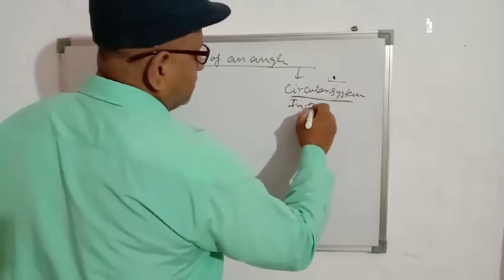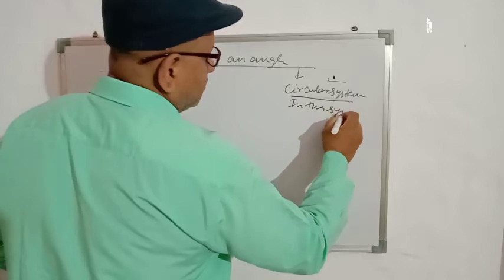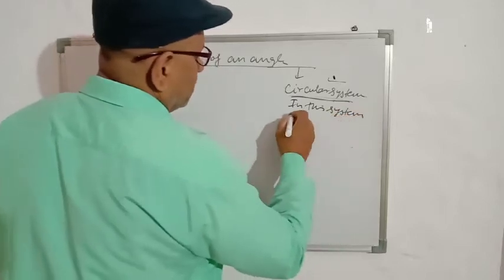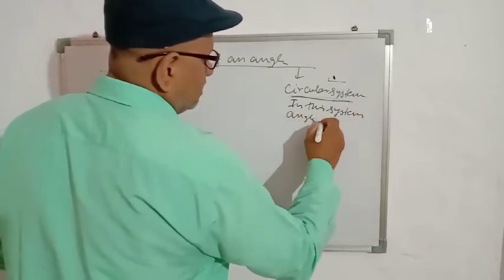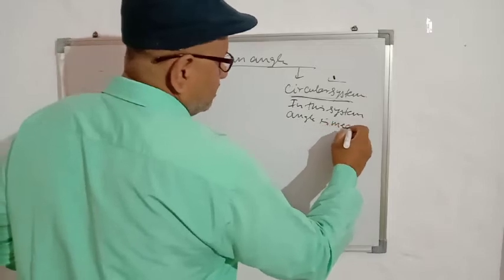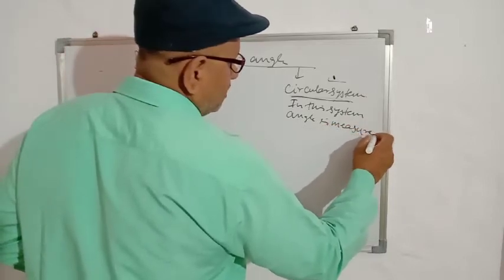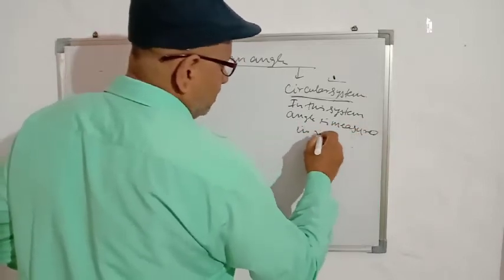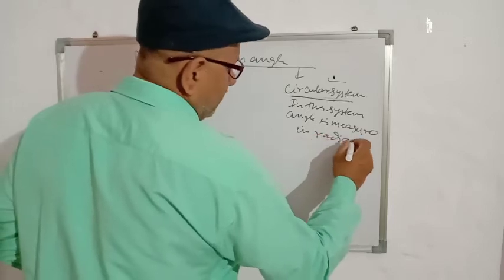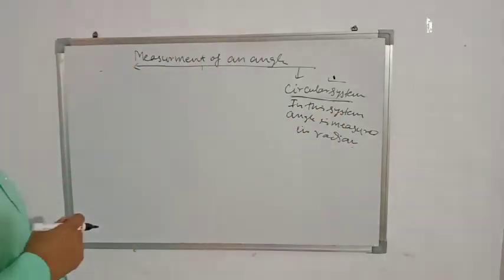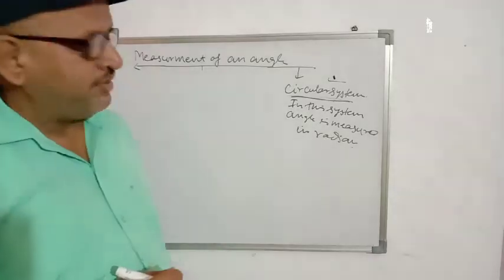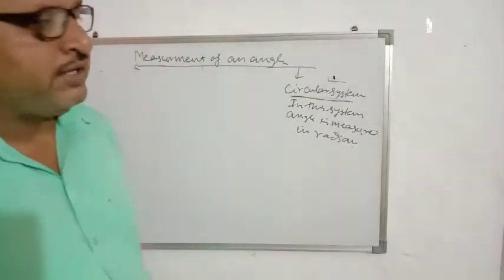In this system angle is measured in radian. Now we will define what is the meaning of radian, how we can define one radian.